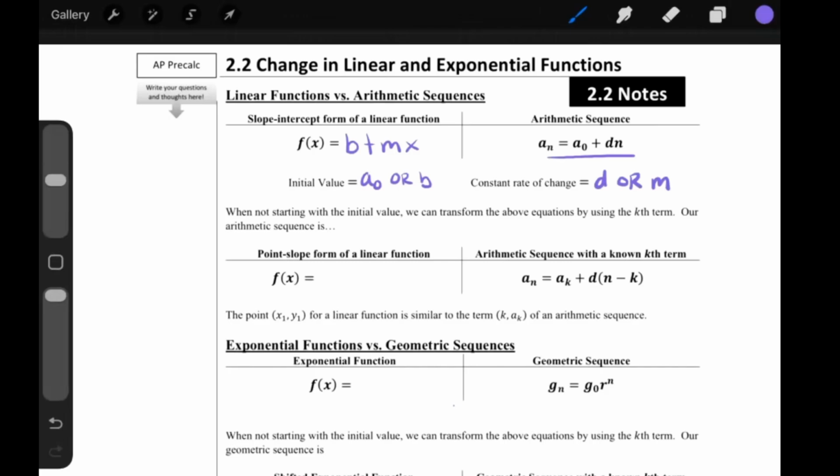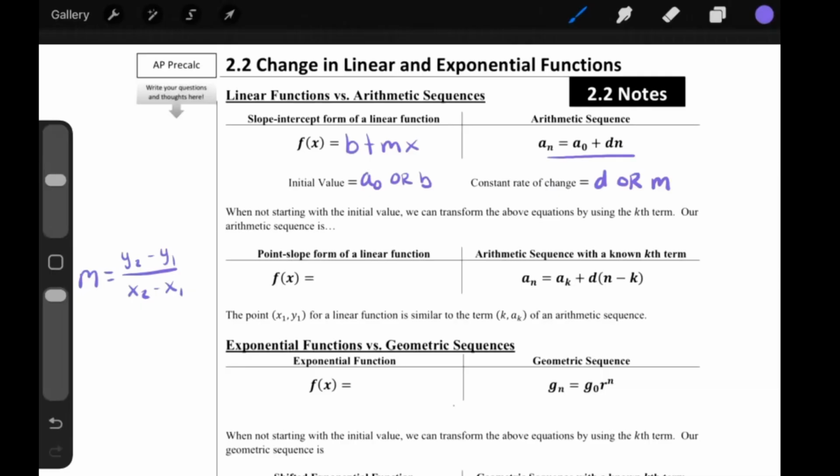We do know our point slope formula. We are used to seeing it in the form of m is equal to y2 minus y1 over x2 minus x1. All we're going to do is reframe this into a y equals, which is what our f of x is.